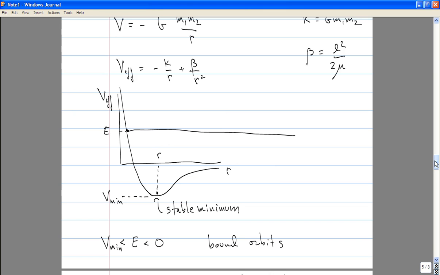That's the statement that gravitational forces are attractive. The remarkable thing is that the potential is very large at small distances, which means that when you have angular momentum, there is some sort of barrier which is preventing 2 objects from getting close together. For that reason, this part of the potential is sometimes called the angular momentum barrier.